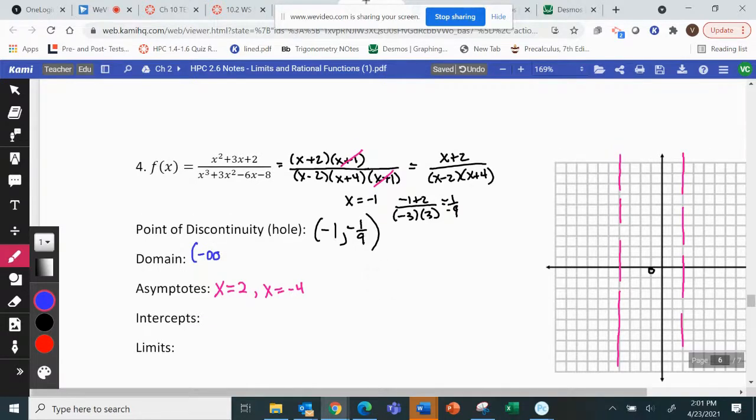So I'll go from negative infinity to negative 4, union negative 4 to negative 1, union negative 1 to 2, union 2 to infinity. There's kind of 4 little sections of that graph.